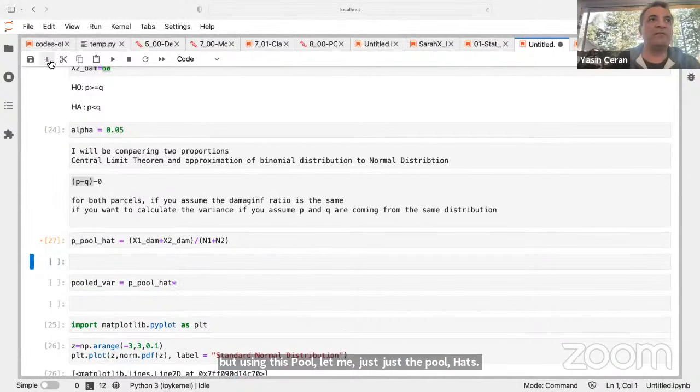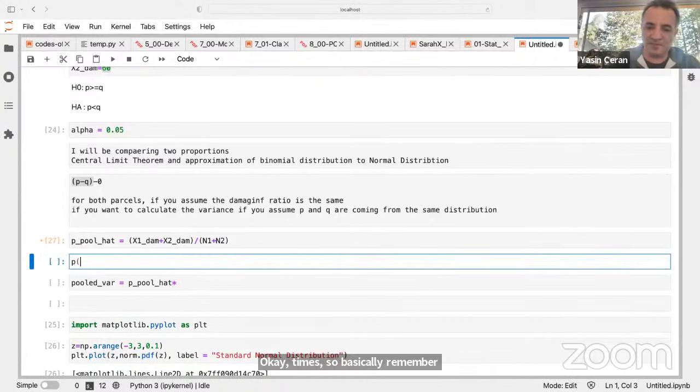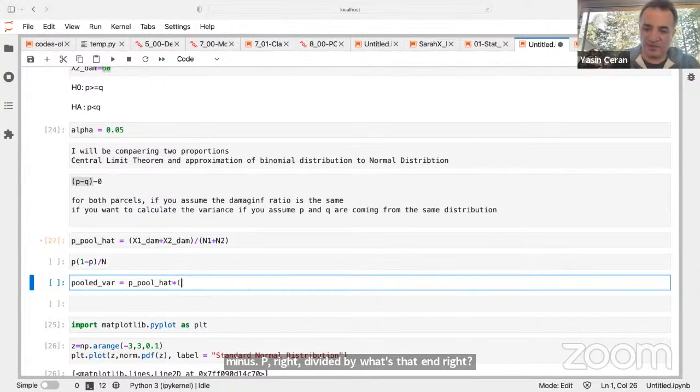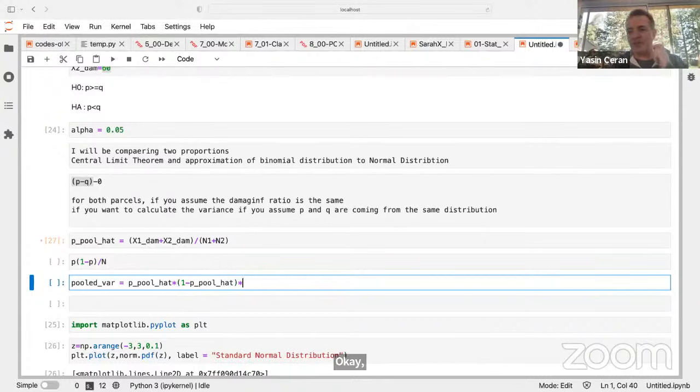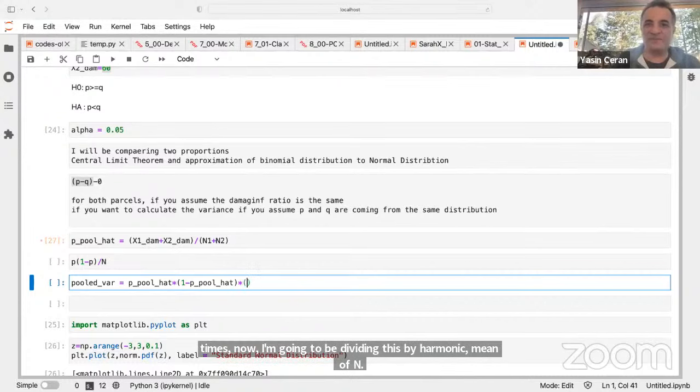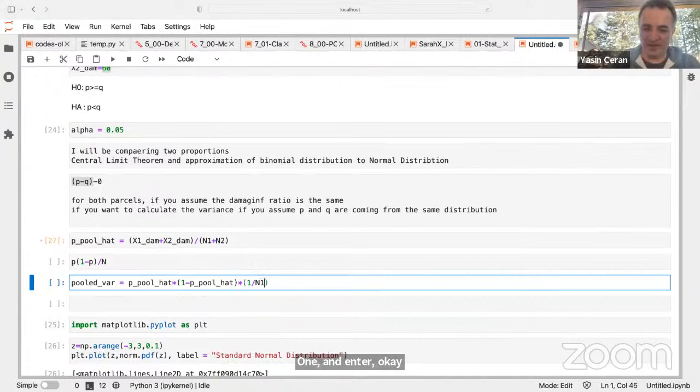Basically, remember it is P times 1 minus P, divided by N. So I'm using this formula here: P pool hat times 1 minus P pool hat, times 1 over N1 plus 1 over N2.